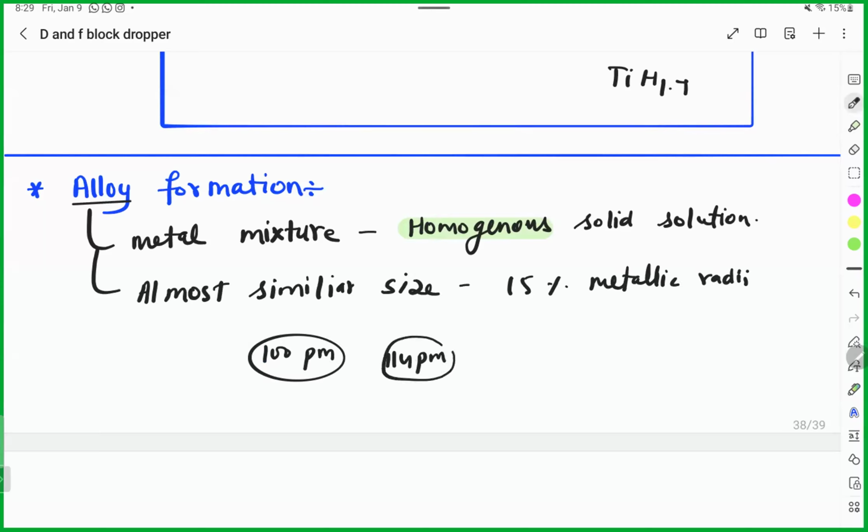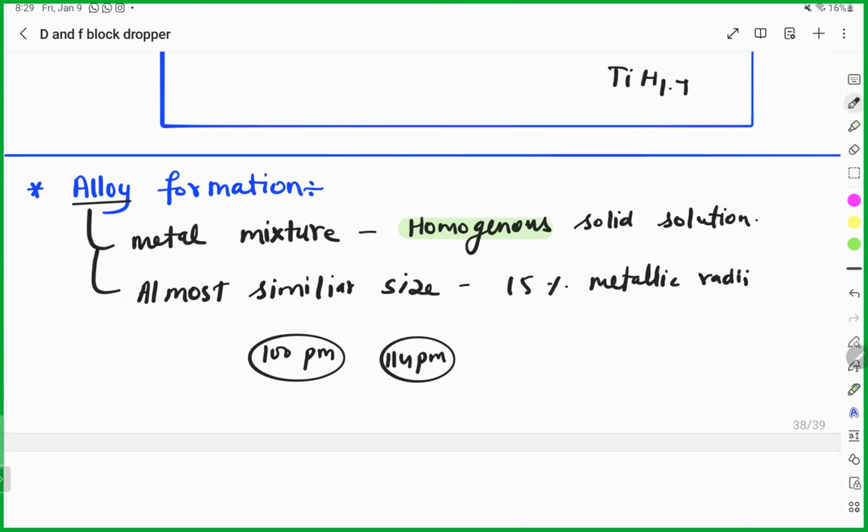So they can mix well with each other because of almost the same size, not exactly, but almost. That's the reason why they can form an alloy properly. Alloy means you mix two or more materials together and they are properly distributed.